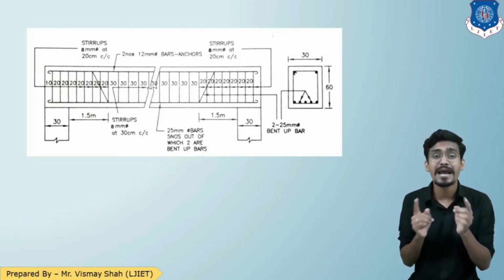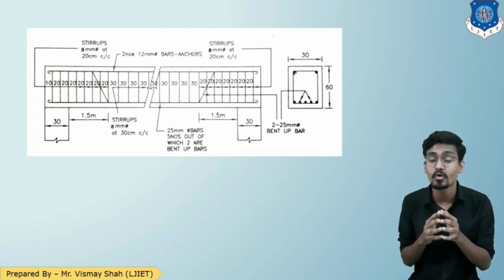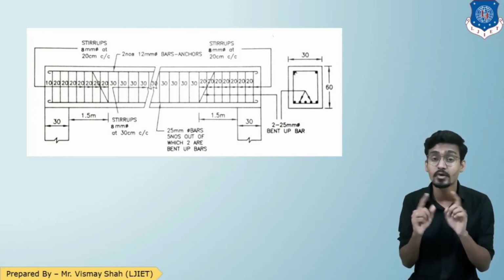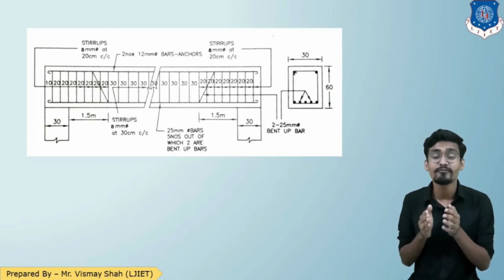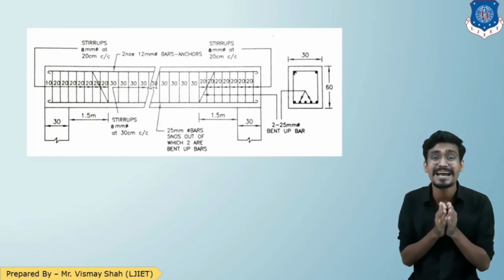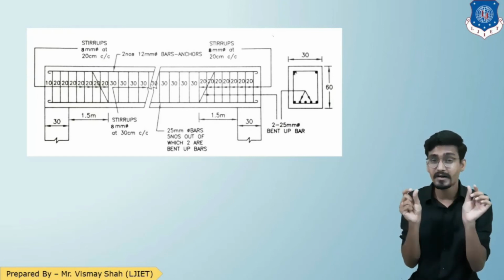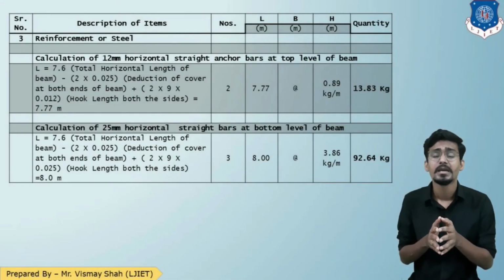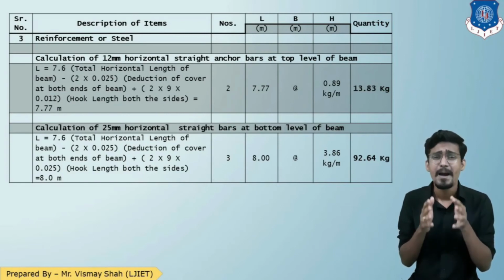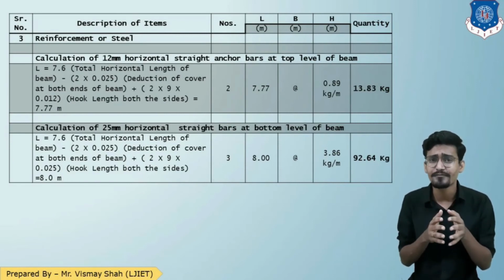plus 2 times hook. There is a 180-degree hook at both ends of the bar, so plus 18D. Now this reinforcement is placed just inside of the beam, so that will be cover, so minus 2 times of cover. So the length of the bar will be 7.6 minus 2 times of cover.